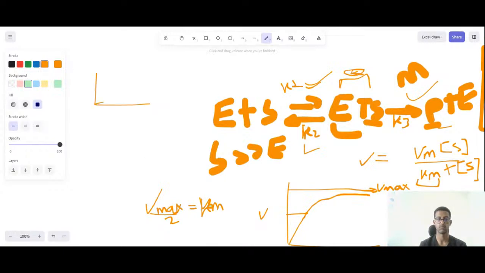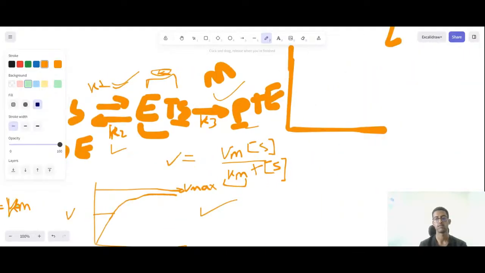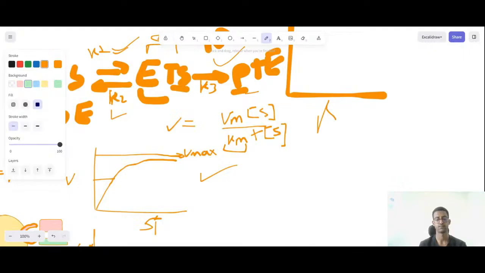If it is like a graph, there is k1, and this is the state from here to here, the transition state. Then the Km value is (k2 + k3) over k1.